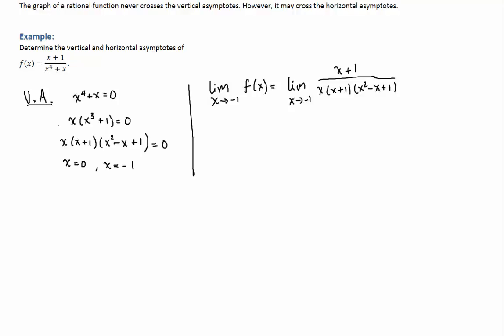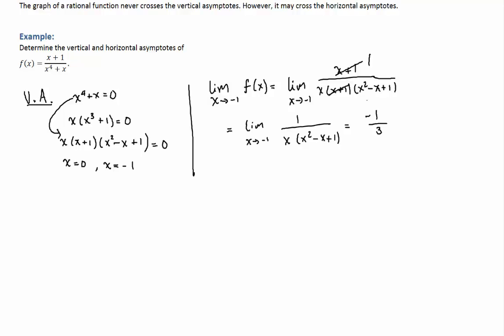I put in the denominator this factored expression for x to the fourth plus x. Why do I do that? Because that lets us see clearly that in the limit, this function is going to 1 over x times x squared minus x plus 1, which happens to be negative 1 times, here we have 1 plus 1 plus 1, so 3. So the limit here is negative a third.